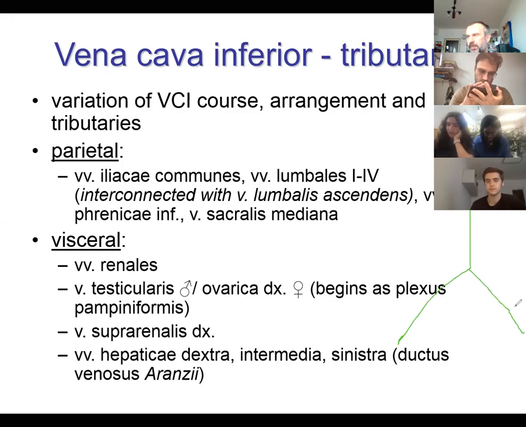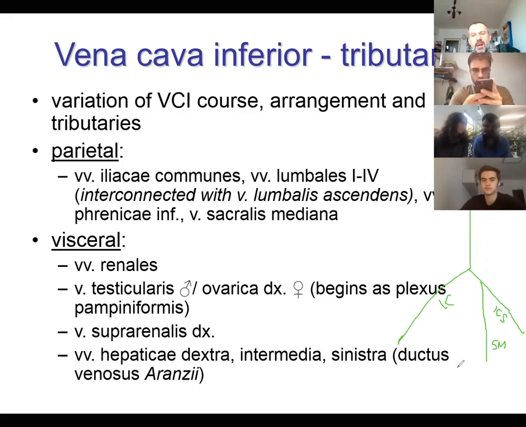So it originates from common iliac. It's shifted to the right side. So the median sacral vein, just to go together with the medial sacral artery, branch from aorta, is draining into the left common iliac vein.